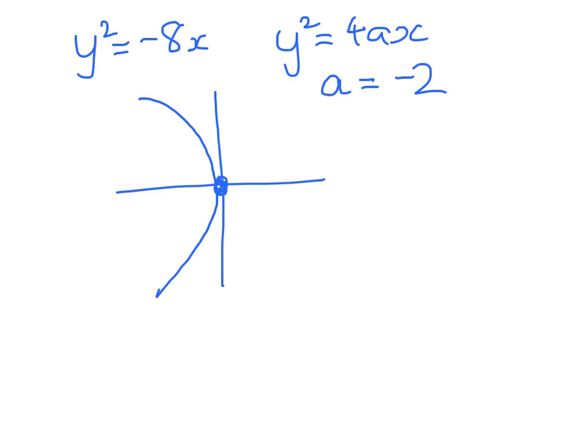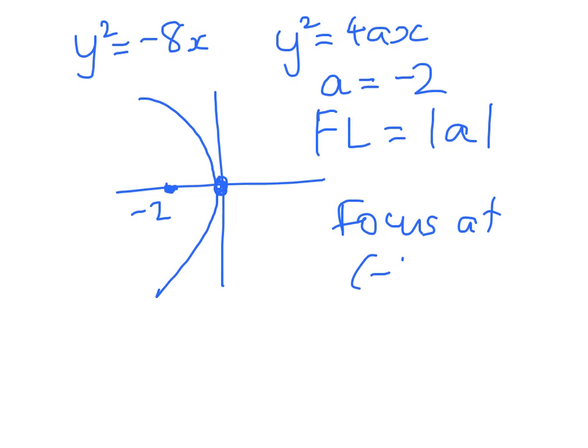What does that mean? Well, it's a bit funny to think of a focal length as being a negative number, so we'll think of the focal length as being the absolute value of a, which puts my focus back here at negative 2. Okay, so the focus is at negative 2, 0.